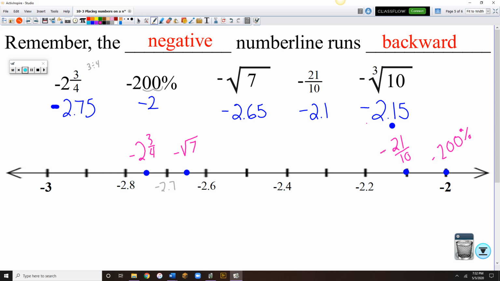And lastly, we've got negative cube root of 10. That was 2.15. So here's 2.1. 2.15 is going to be right there in the middle. And here again, I feel like I have two dots close together. When I put labeling in there, it's just going to look too squished. So you can always label underneath.